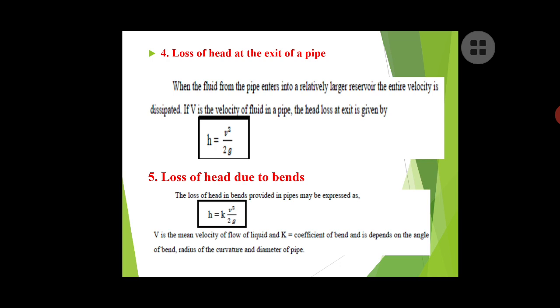So loss of head due to bends is kV square upon 2g, where V is the velocity of flow and K is the coefficient of bend depending on the angle of bend. Write down.